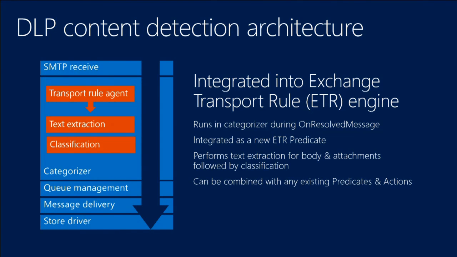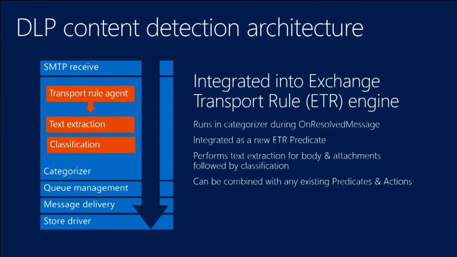This is something that both Microsoft and third-party partners could have done in the past via various transport agents. So this is a very natural place to plug in. The idea is that we really don't want this to cost a lot of performance for anyone. So this is not going to slow down your system by any stretch of the imagination.